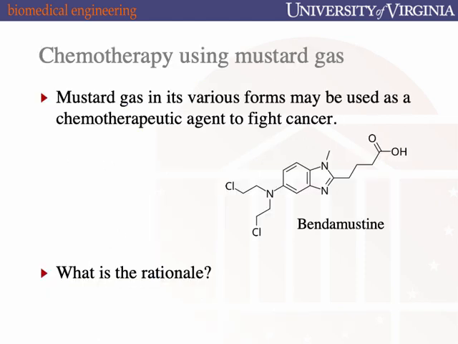And yet, as a chemotherapy, mustard gas was one of the earliest ones that we used, or derivatives of it. And in fact, if you look for treatments for multiple myeloma, non-Hodgkin's lymphoma, chronic leukocytic leukemia, you'll see a drug called bendamustine.